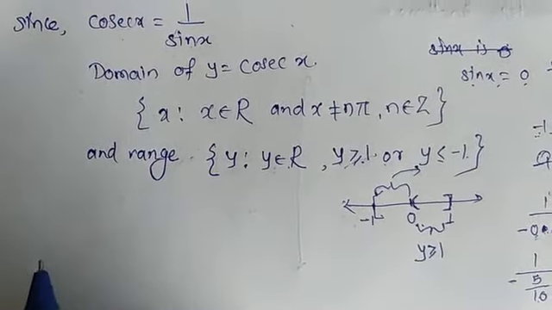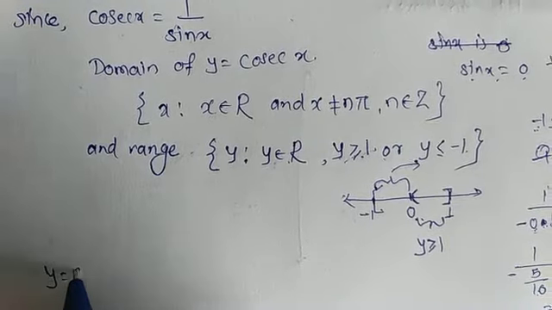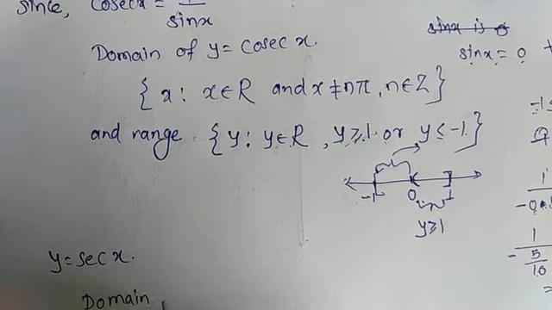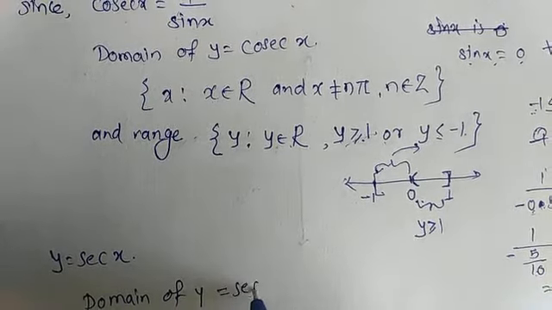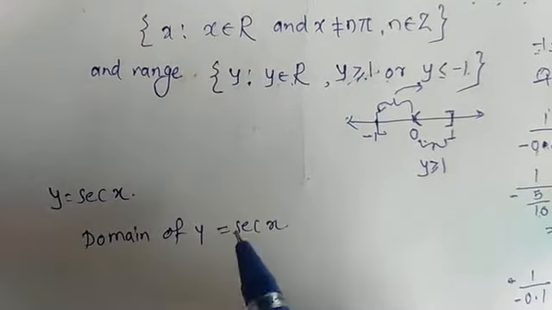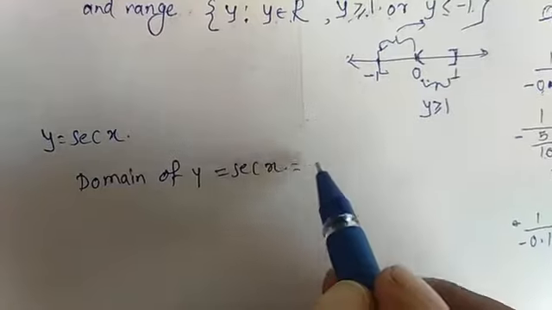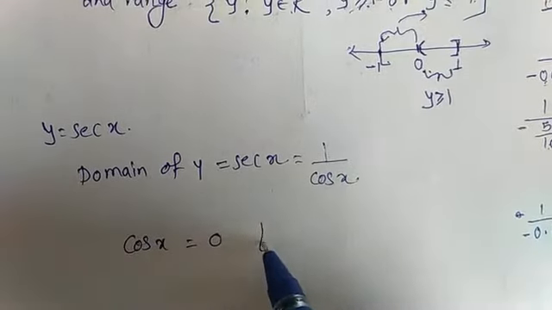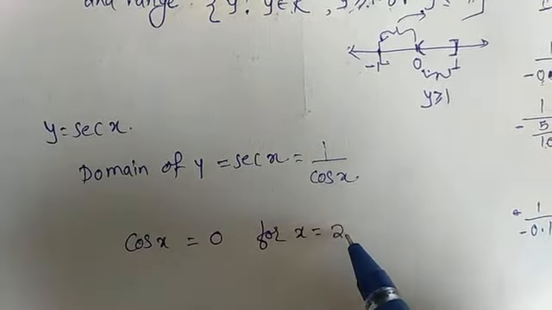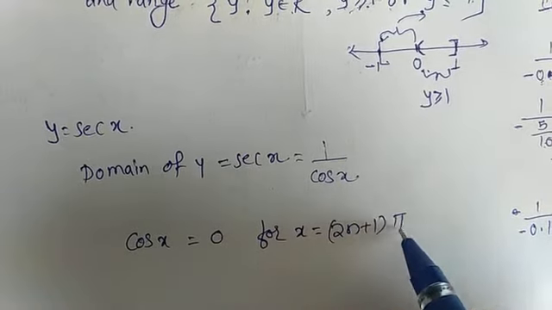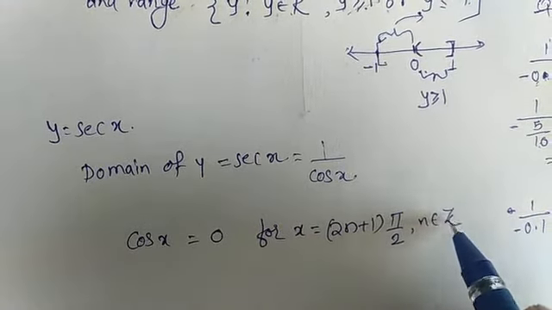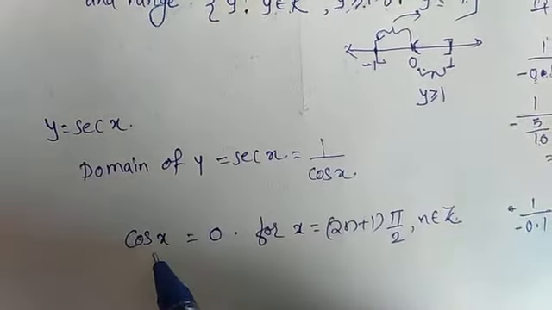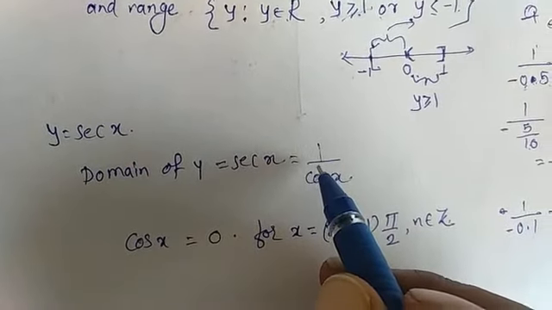Okay, similarly you can say for y is equal to sec x, the domain of y is equal to sec x is, you know, sec x means 1 upon cos x, and cos x is equal to 0 for x is equal to (2n+1) pi by 2, where n belongs to Z. This is the condition for cos x equal to 0. For x equal to this value, it will be 0, so in the domain set it will not be present.